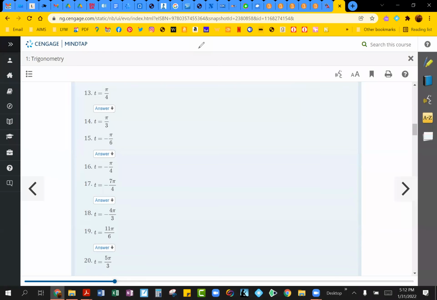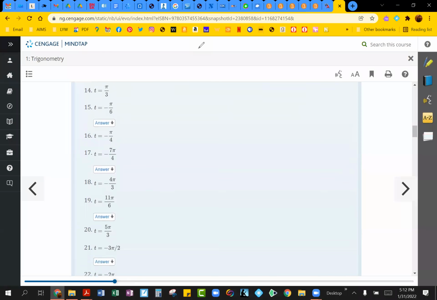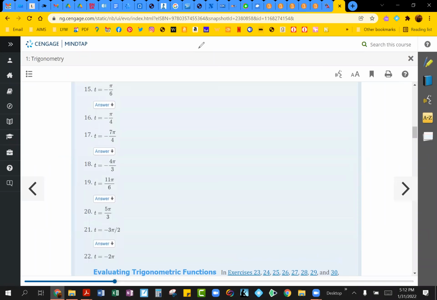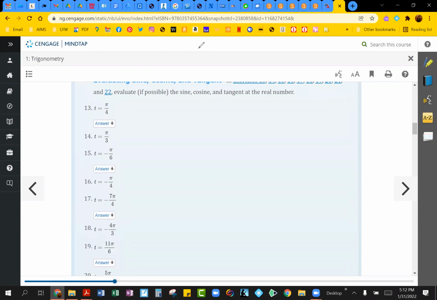And what looks good? Let's stay with the positive angle for now, and then we can come back and do a negative angle, but we'll just start with 13. Your angle is T equals pi over 4, and you actually saw this same angle above in those examples.